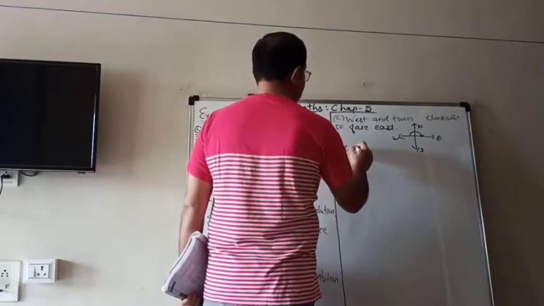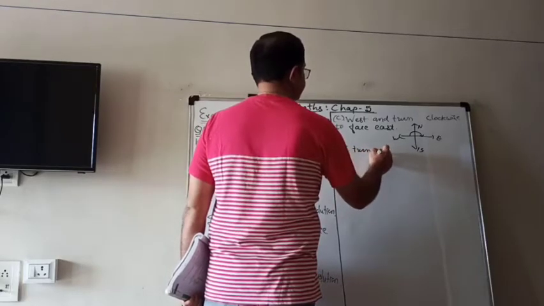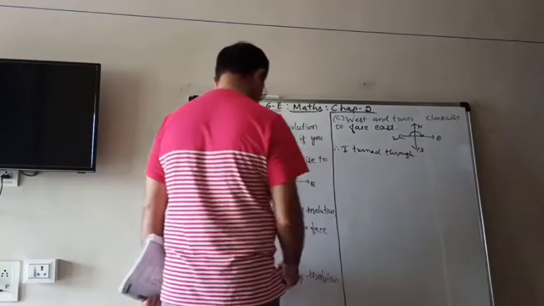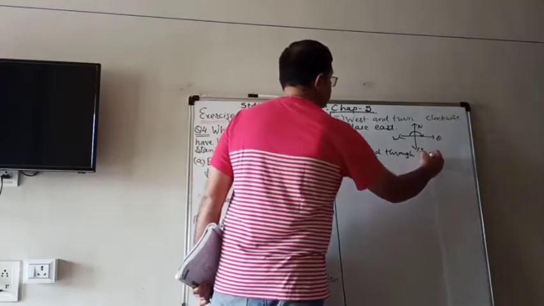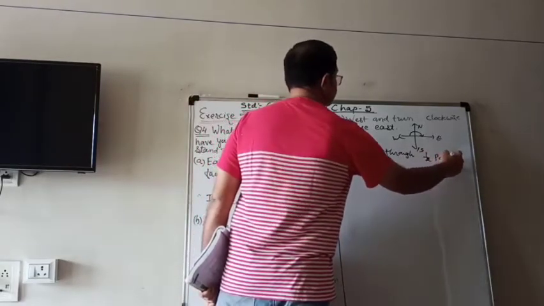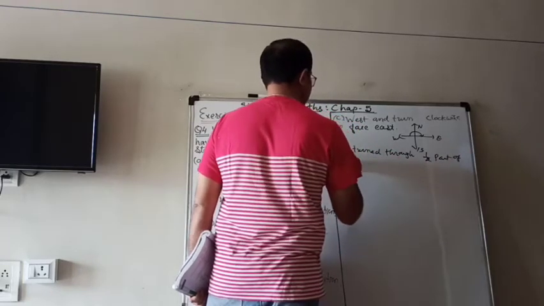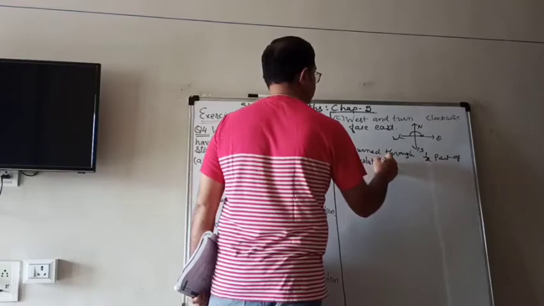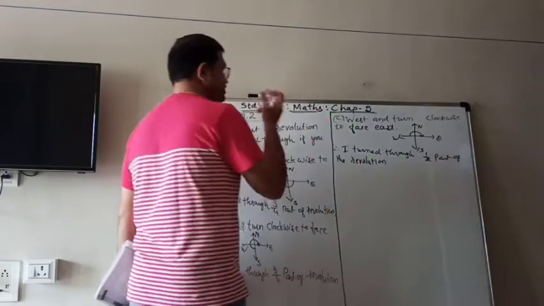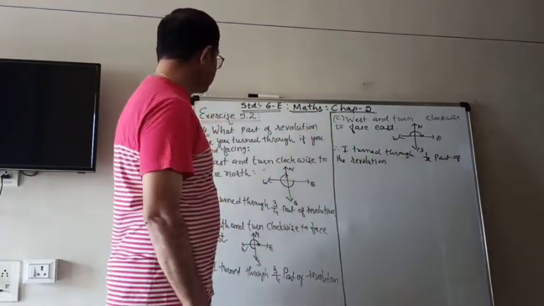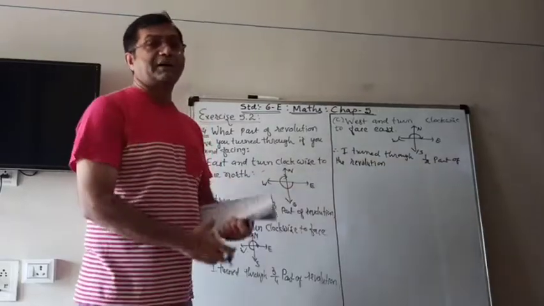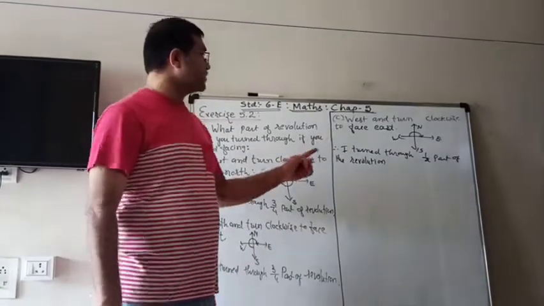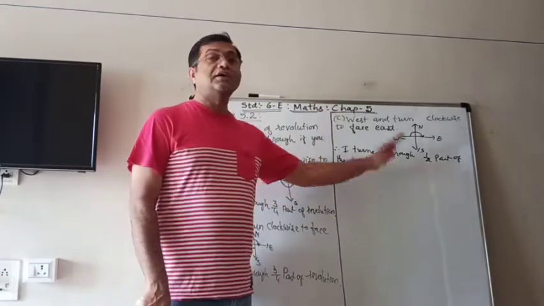Therefore, I turned through 1/2, half part of the revolution. So here you can see that the different parts are there and we make different parts of the revolution.